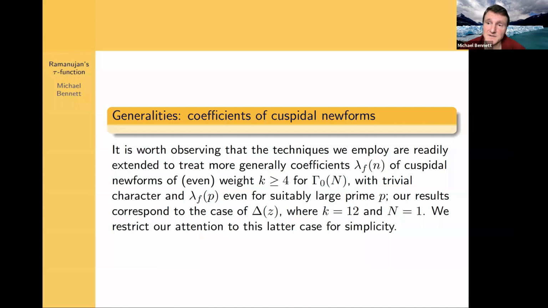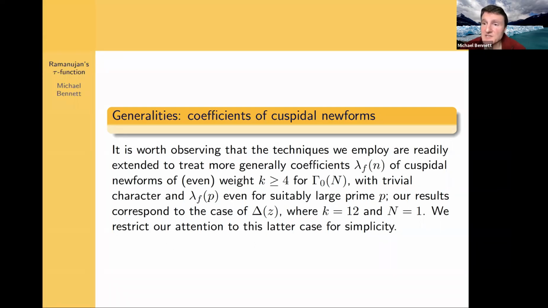The best place to look for this is a paper of Ram Murty and Kumar extending these ideas to coefficients of higher weight, at least 4, cuspidal newforms with some particular arithmetic constraint at 2. So you actually want the coefficient at p to be even for all large enough primes.